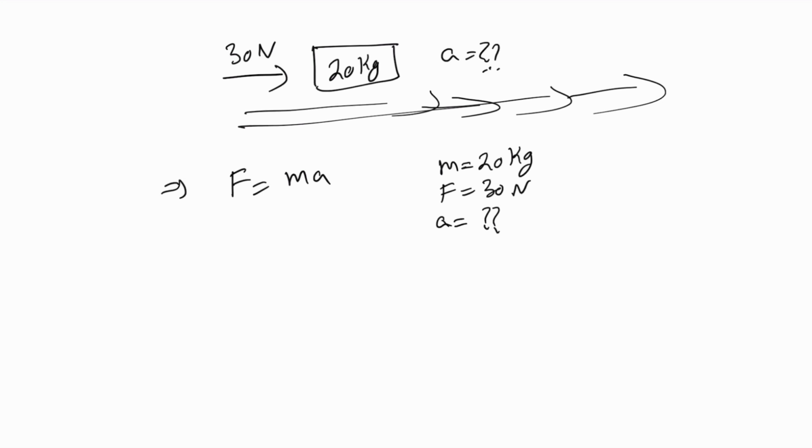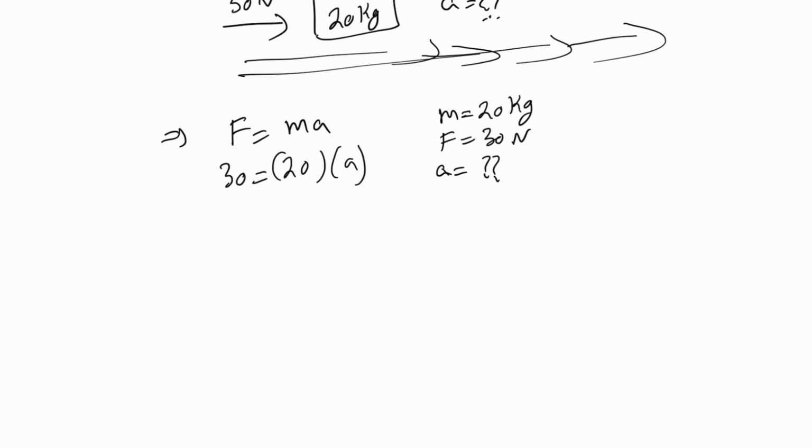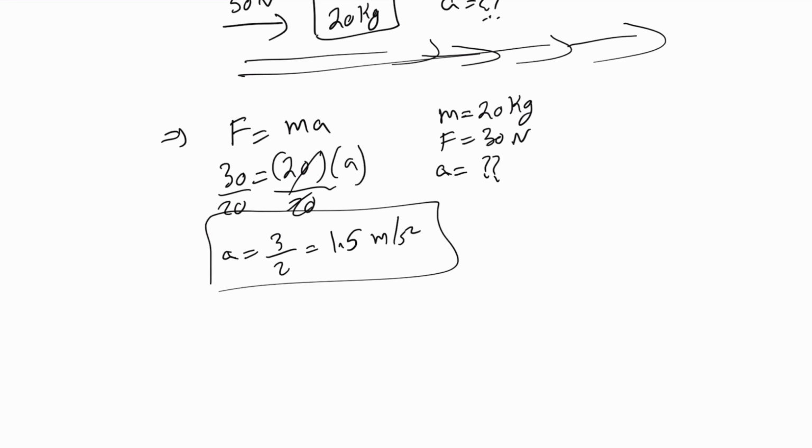So the force that I have is 30, which equals 20 multiplied by a. Dividing both sides by 20, the acceleration equals 3 over 2, which equals 1.5 meters per second squared.